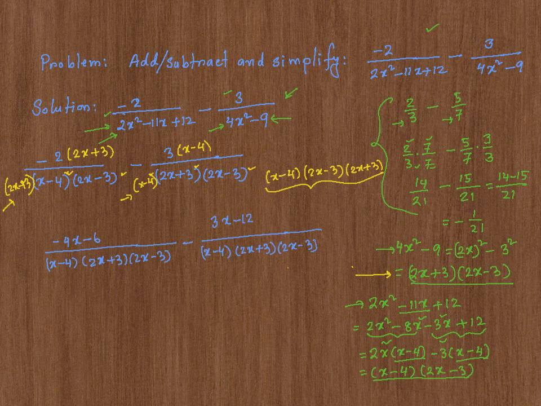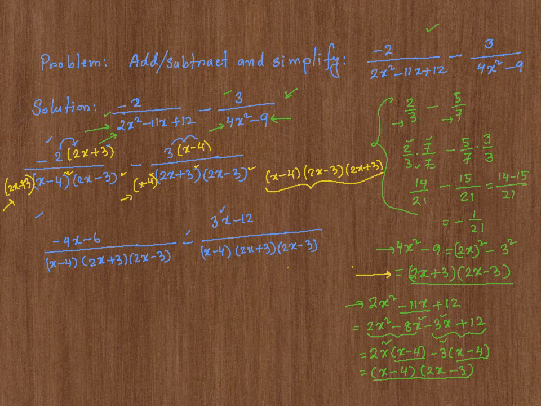In going from this step to this step, I just used the distributive property. Negative 2 times 2x is negative 4x, negative 2 times 3 is negative 6, and the minus sign is right here, and 3 times x is 3x right here, and 3 times negative 4 is negative 12. Now I'm going to combine these two.